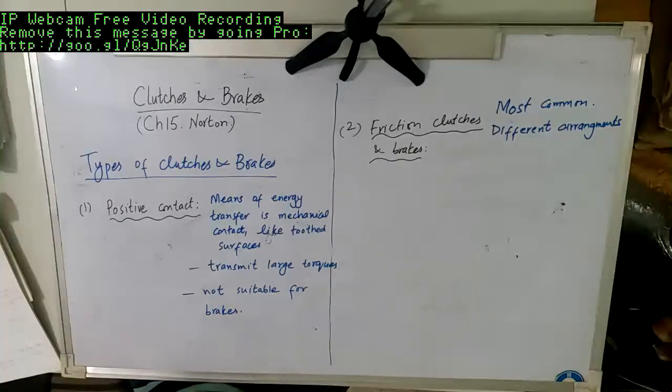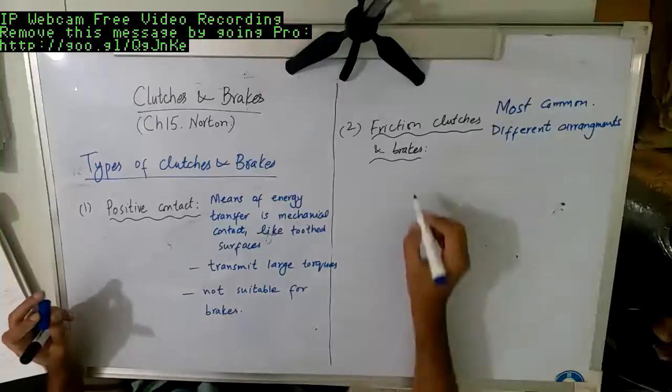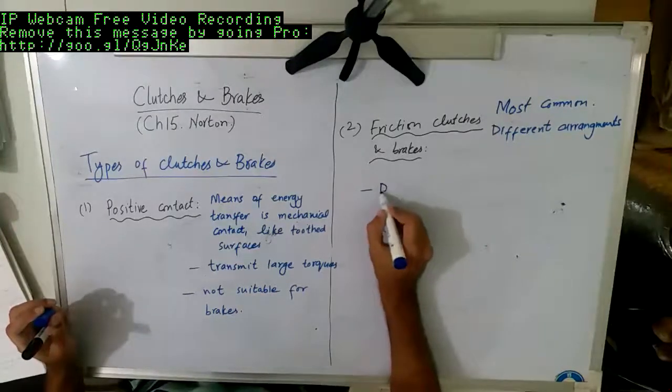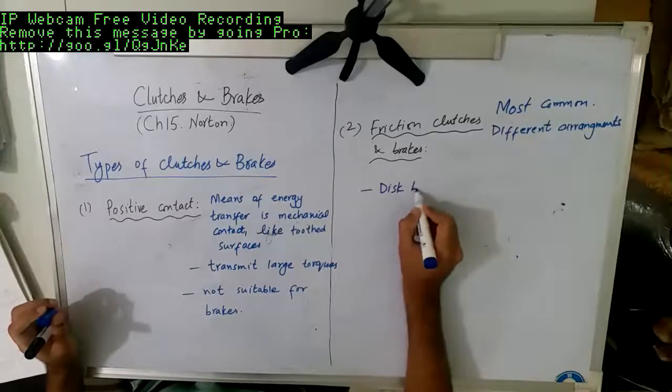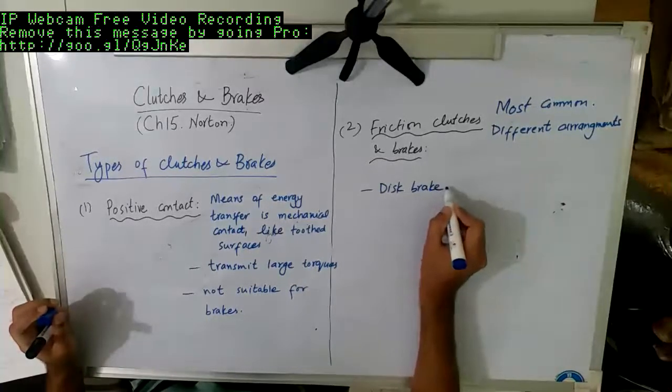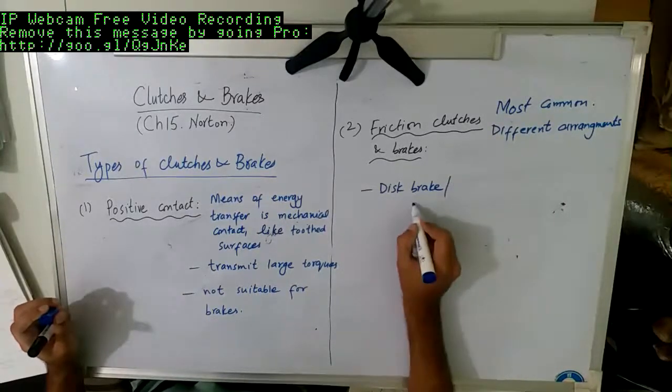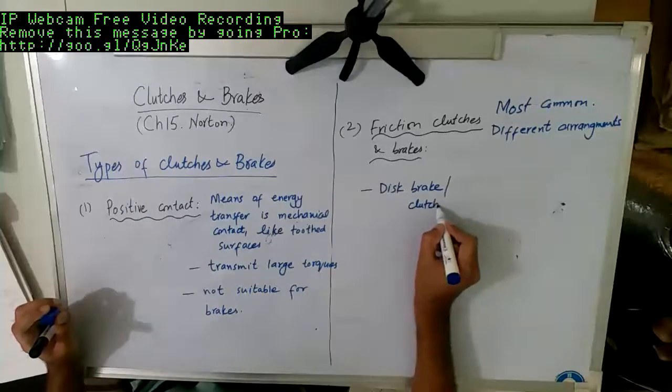So one of the arrangements is the disc brake or clutch.